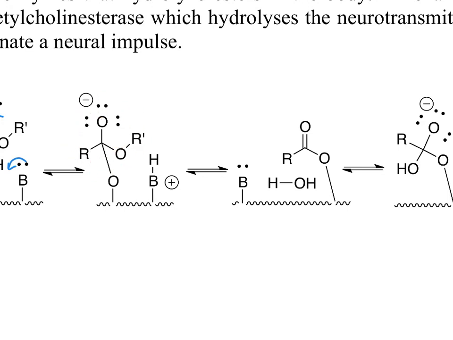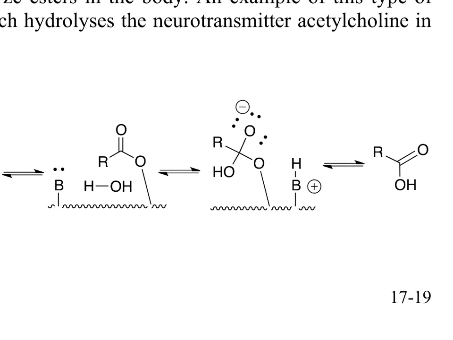This doesn't stick around very long. It collapses, and when it does, this OR group is removed. As it's removed on the way out, it grabs a hydrogen from a nearby acidic functional group. That yields the following ester. So we've got our ester here.